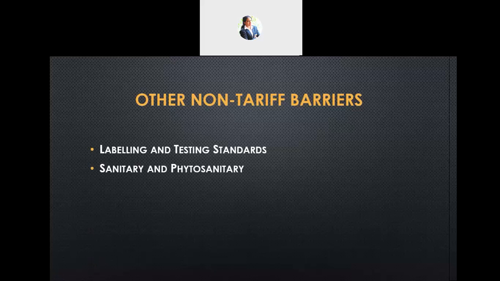Now, the next one is sanitary and phytosanitary barriers. Phytosanitary especially relates to plants, especially in international trade. These measures may be sanitary or phytosanitary measures.